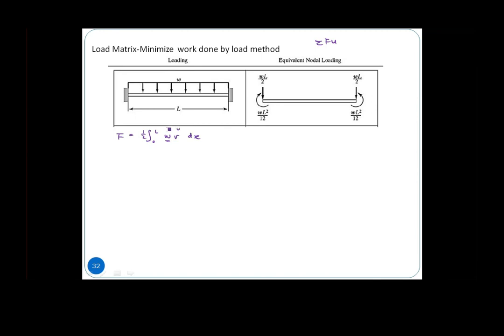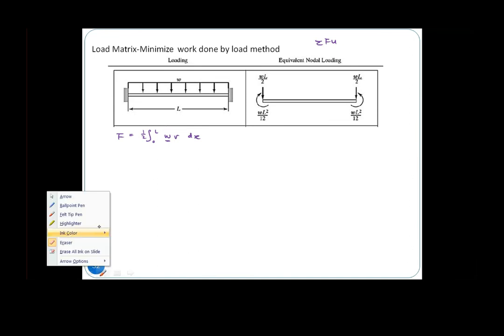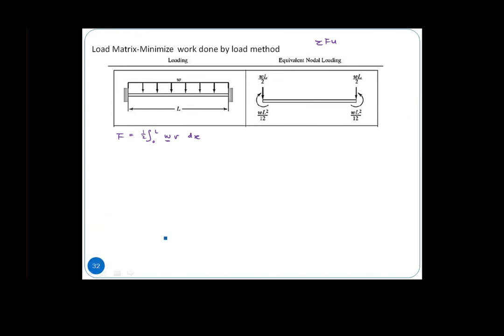It's something similar. Let me erase it. So if you are using these methods, then you will get results similar to what you have seen just now. It will be 1 over 2, integral 0 to L, then if you remember, our V is our shape function multiplied with our U, right?